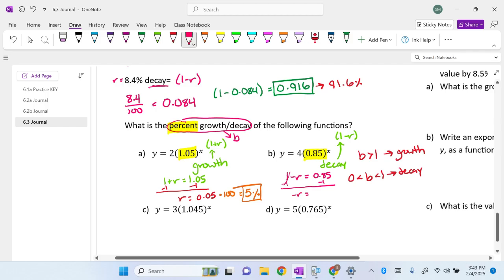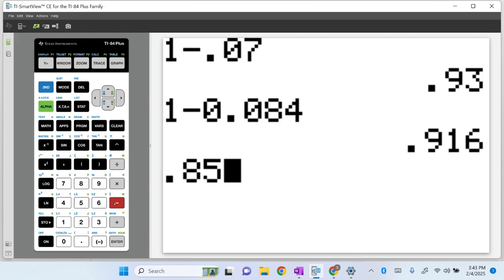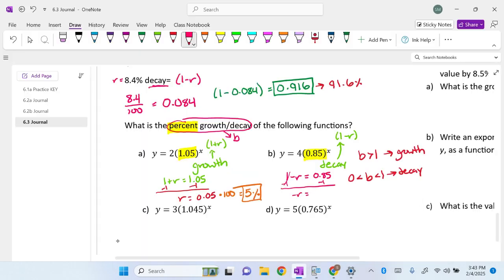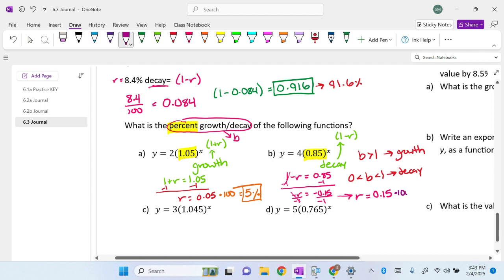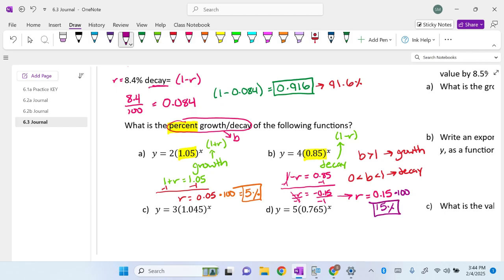I would get negative r is equal to negative 0.15. Divide both sides by negative 1 to get rid of that negative, and r would equal 0.15. And then don't forget to multiply it by 100 to get that percent, which would be 15%.